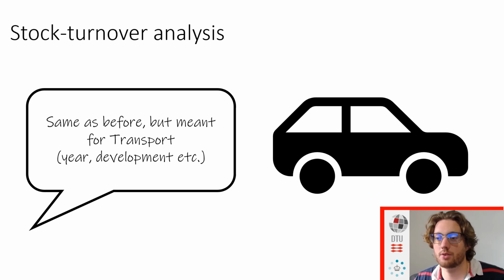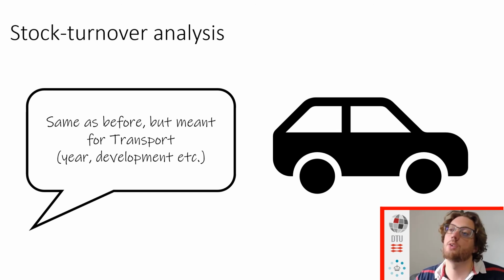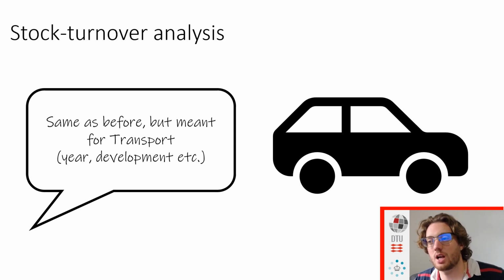So if you have a certain vehicle stock now in the system, and you decide that you should have a number of sales of EVs in 10 years, for instance, say you want 50% EVs in 10 years, you can then use this system to see what sales share of EVs you would actually need to go towards these 10 years.